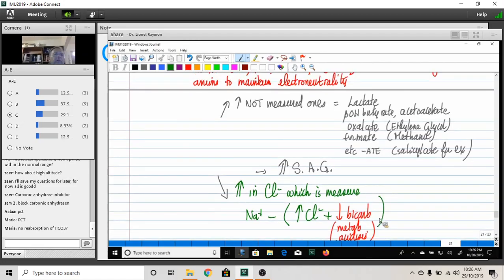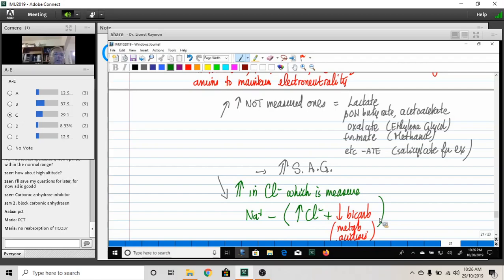If your drop in bicarb was matched by an increase in chloride to keep electroneutrality, then obviously what is not going to happen to the serum anion gap? That's right. There'll be no change in the serum anion gap.